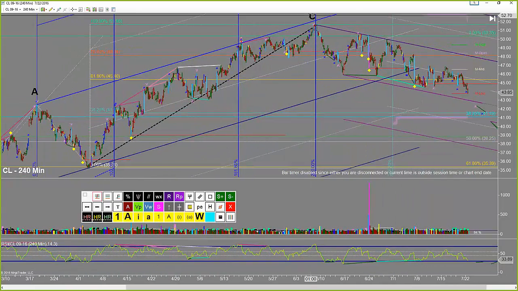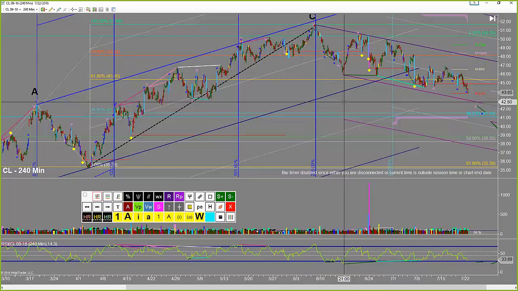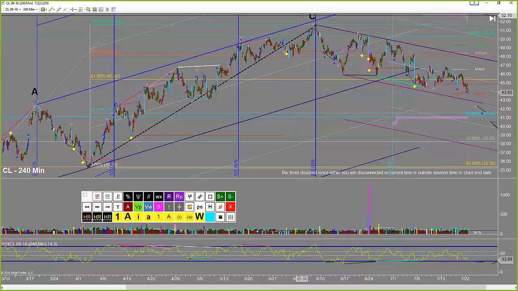So we just barely missed the top of that channel, and that's what we did today on the 2-minute chart. It goes a little deeper on the 2-minute chart, and I'll show you why when we work our way down. I've been thinking that this was the end of a correction.